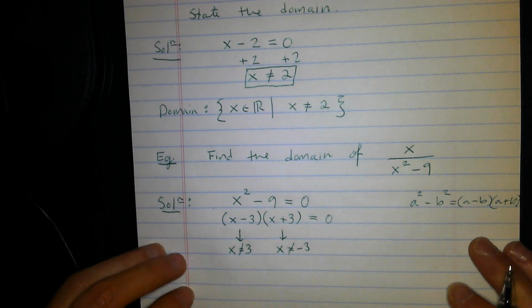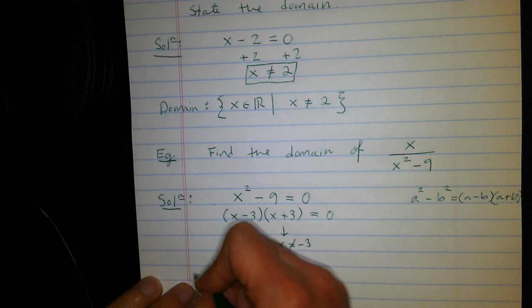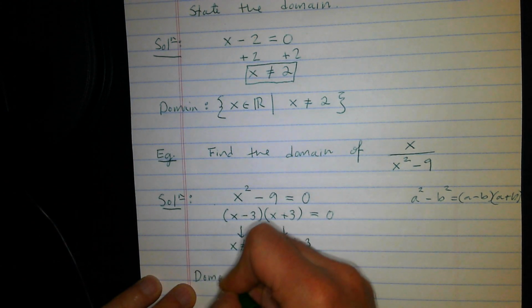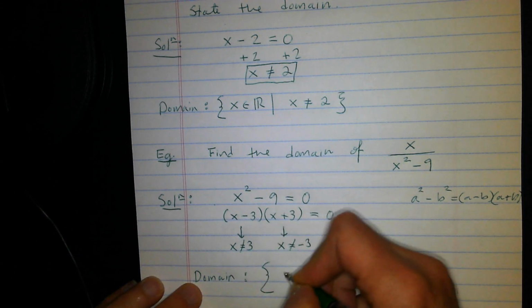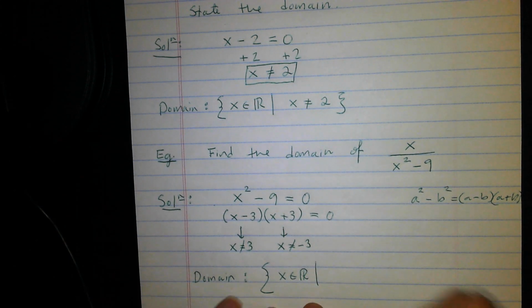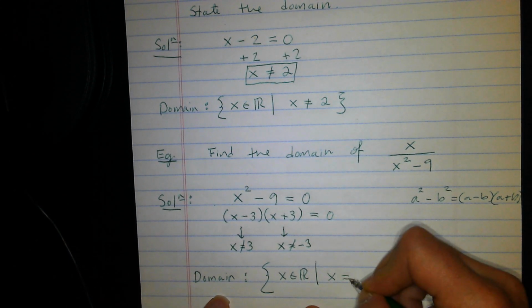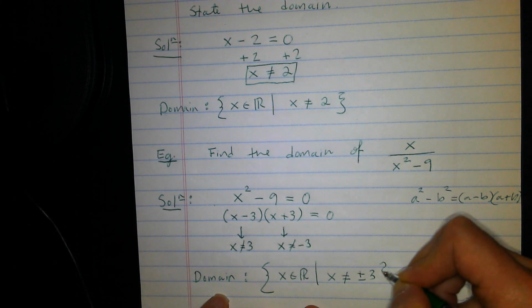Now in set notation, x is an element of the real numbers such that x is not equal to plus or minus 3, like so.